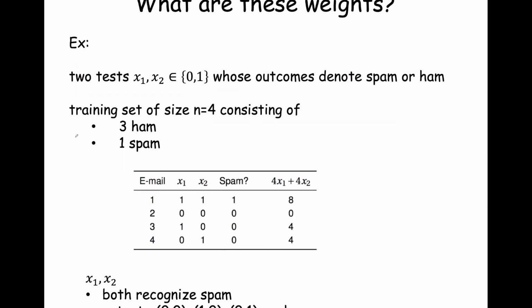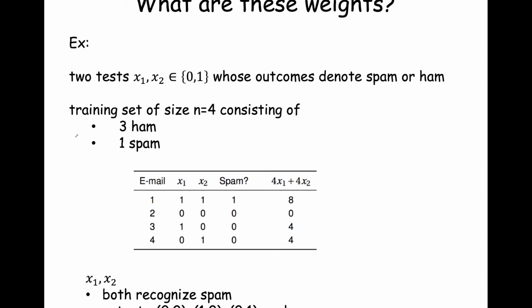Now, let's take a simplified example. Let's look at what these weights are. Suppose you have two tests, X1 and X2, and the outcomes of these tests will determine whether that particular document, that email, is spam or ham. And let's assume, for the sake of our consideration, that test X1 and X2 can take on one of two values, 0 or 1.